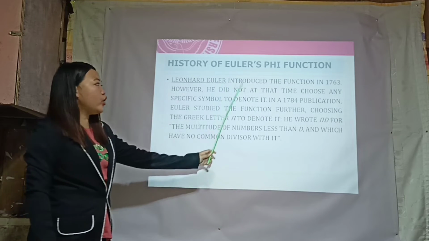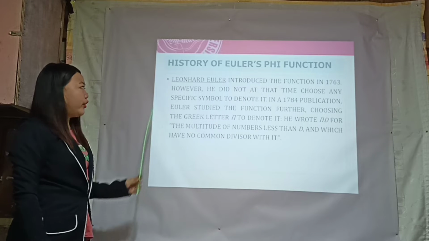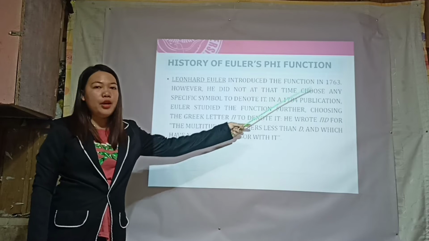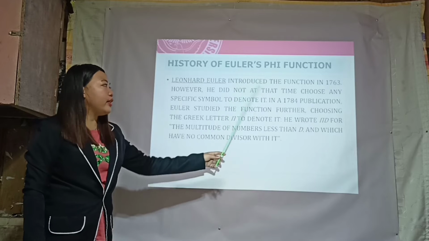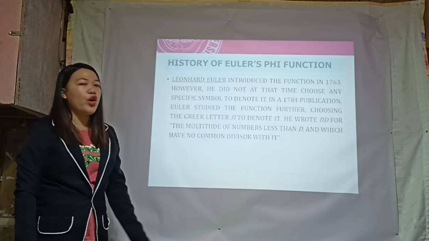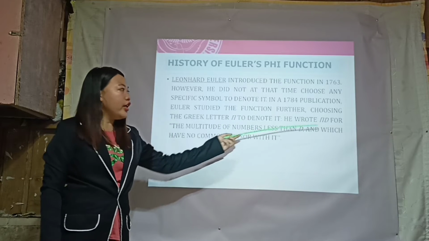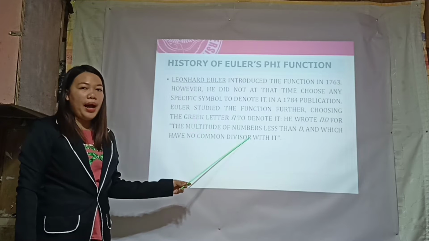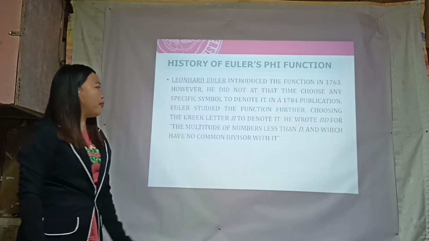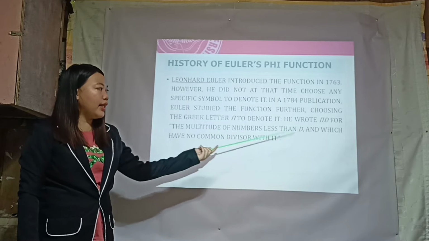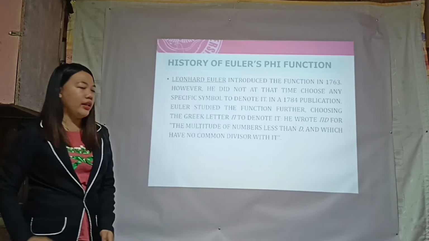Leonhard Euler introduced the function in 1763. However, he did not at the time choose any specific symbol to denote it. In a 1784 publication, Euler studied the function further, choosing the Greek letter pi to denote it. He wrote pi d for the multitude of numbers less than d and which have no common divisor with it.